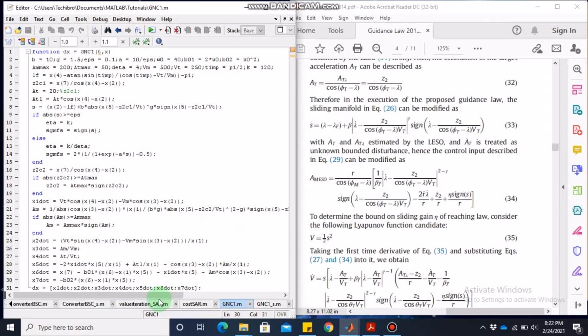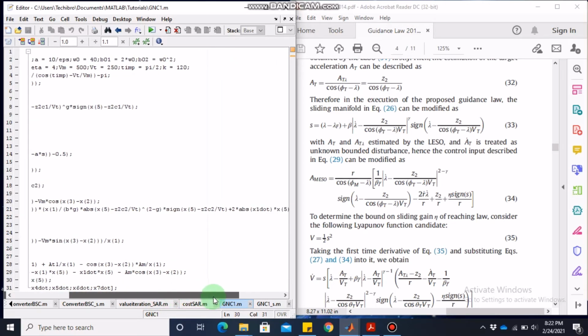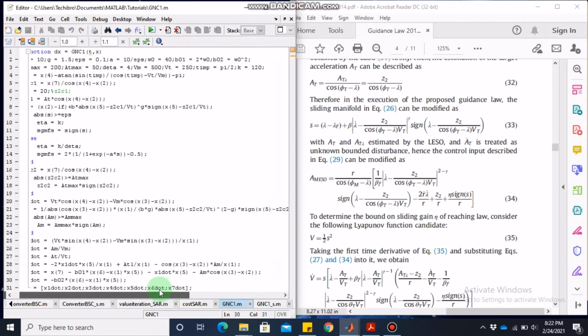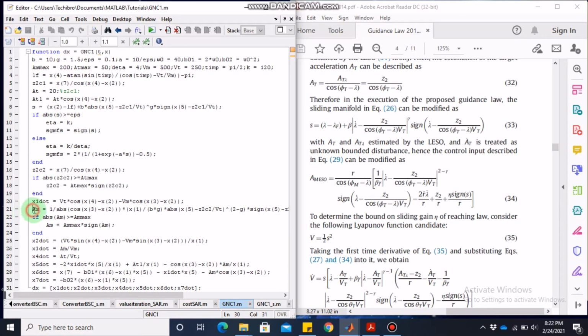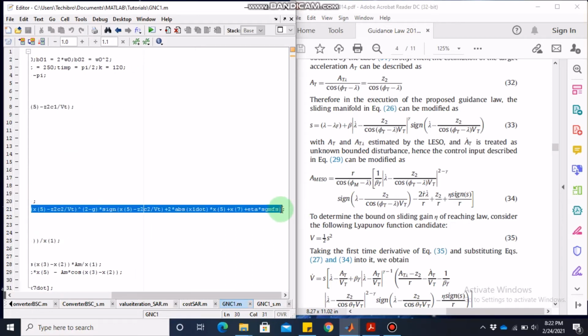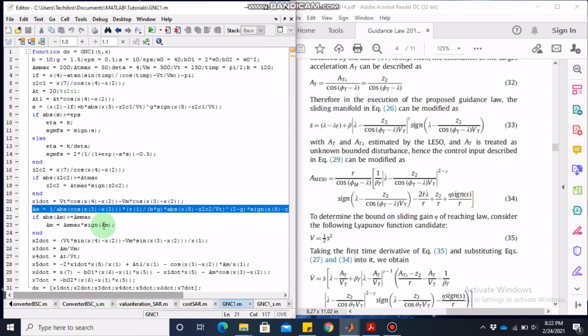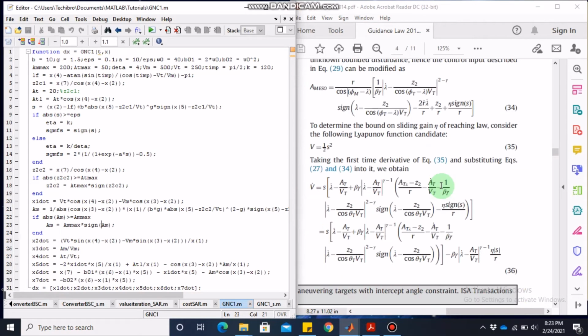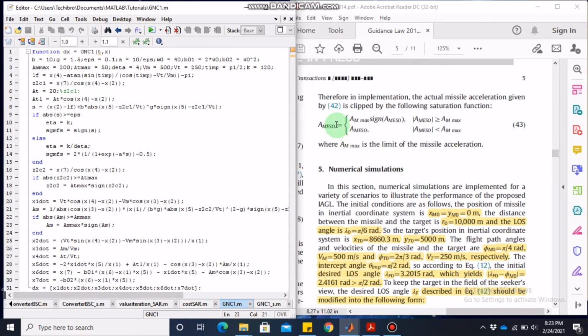So once again I slide this again so that you are able to see the whole statement of the guidance law. So this is the guidance law. So implementation of the guidance law is not straightforward. We have applied some saturation mechanism on it as suggested by the authors in the paper. So you can see here that the author suggests that you apply this saturation mechanism on the guidance laws, that there should be a value AM max.